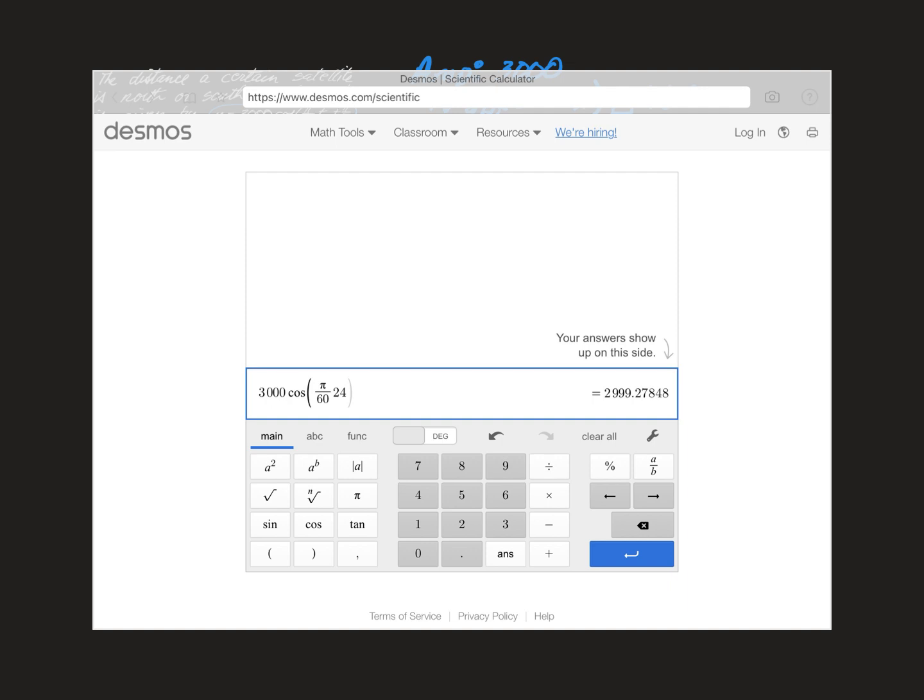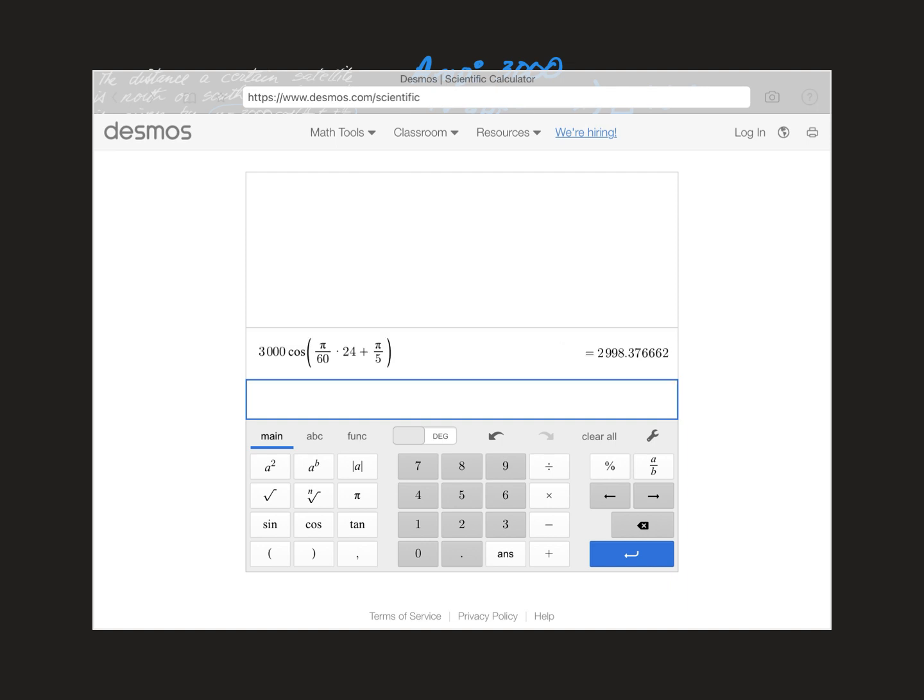Then we would add the pi divided by 5. And there would be our solution. Right here, we would be at 2,998 miles. So very close to the maximum, but not quite the maximum. 2,998.37 miles.